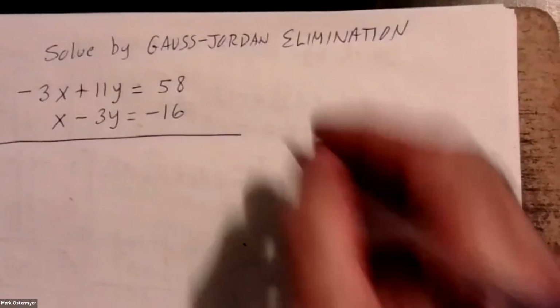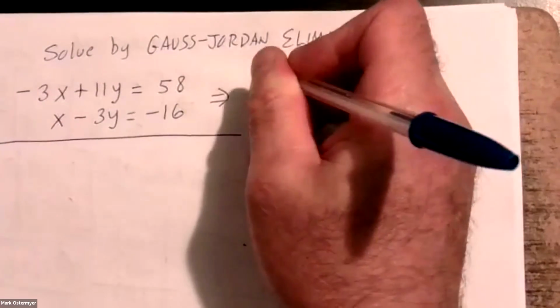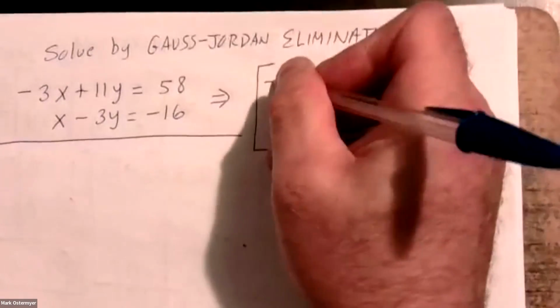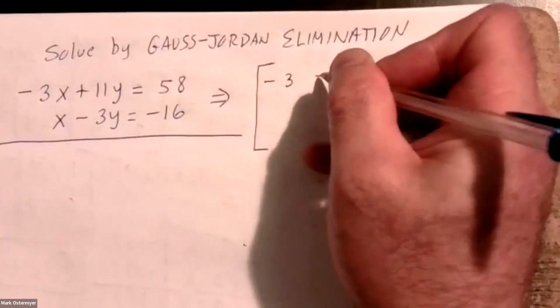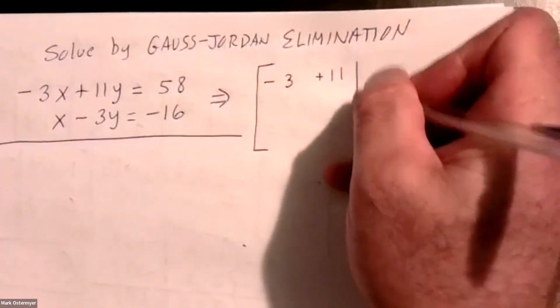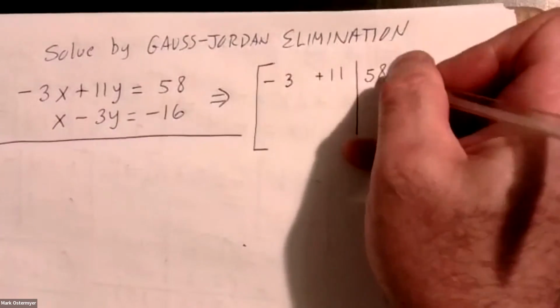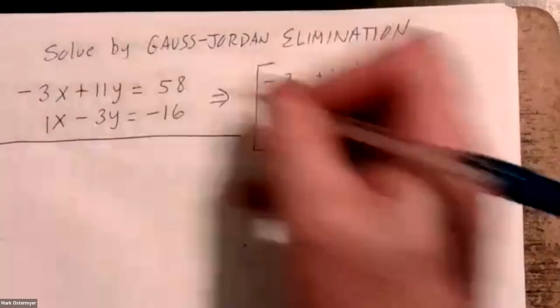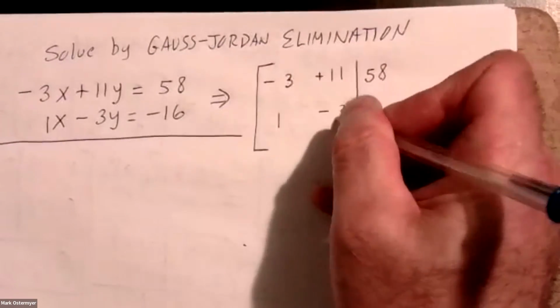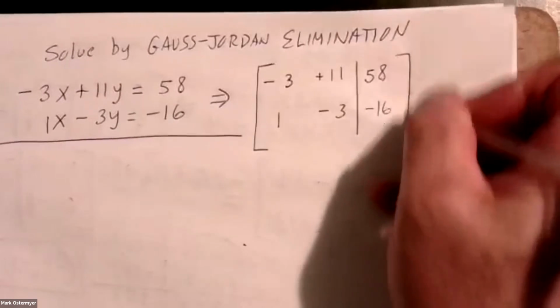First step is to represent this system using a 3x4 augmented matrix. Equation 1 goes in as -3, 11, vertical line, and then 58. Second equation goes in as 1, -3, -16.